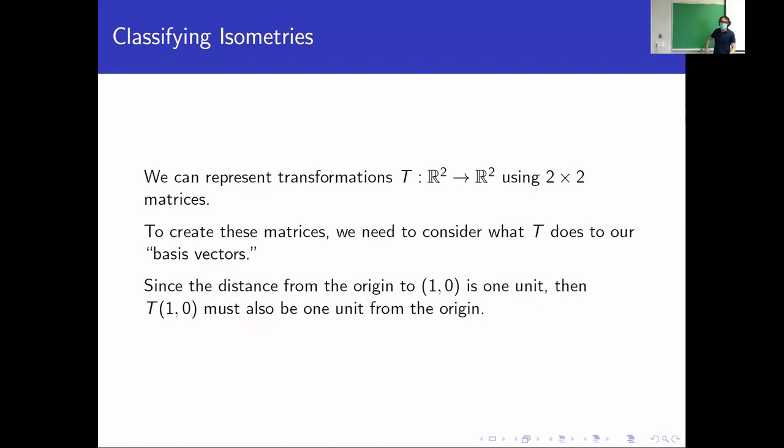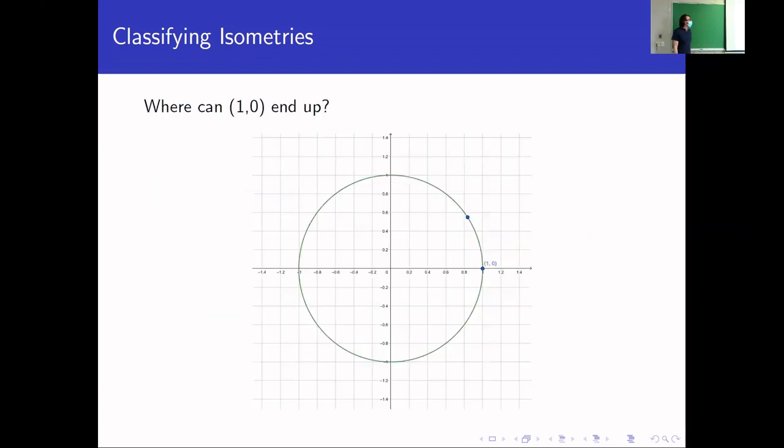All right. Well, we want distances to be preserved. So this point has to end up somewhere on that circle because it started out distance 1 away from the origin, and it's got to stay distance 1 away from the origin. The origin is a point, and the origin is getting mapped to itself. So we know that (1, 0) has to be somewhere on that circle.